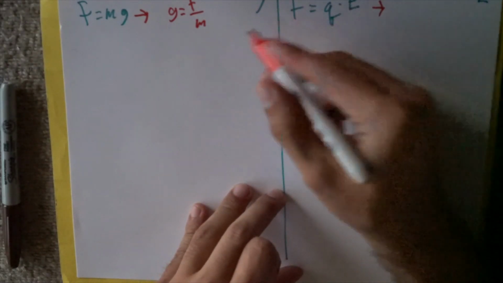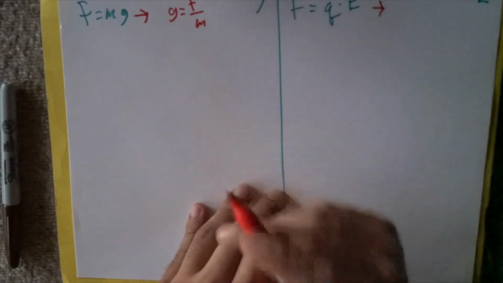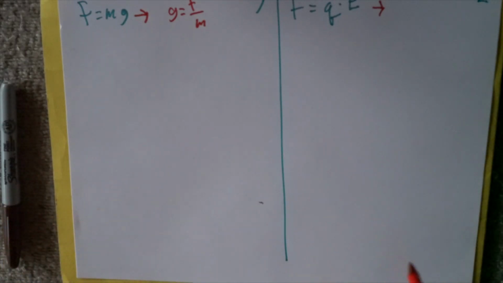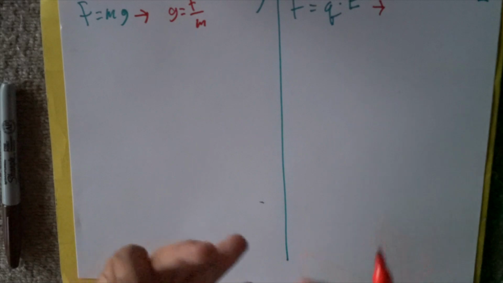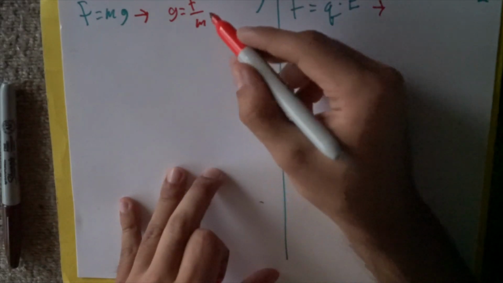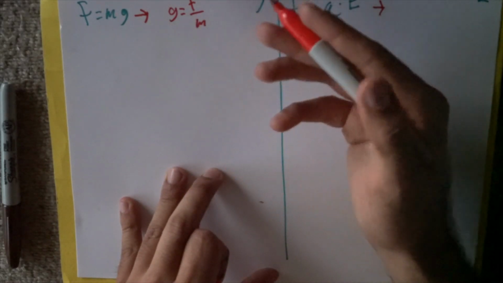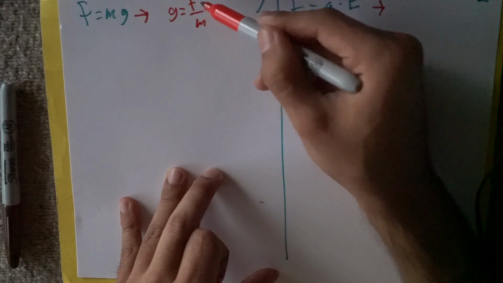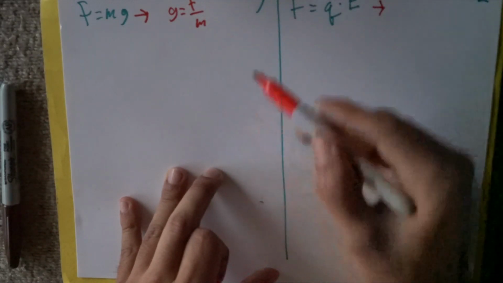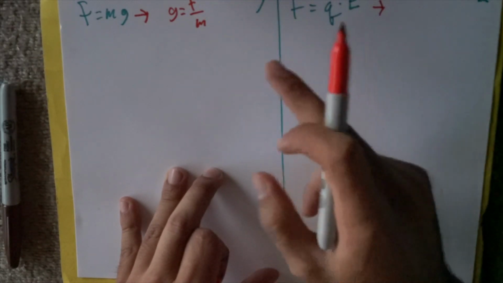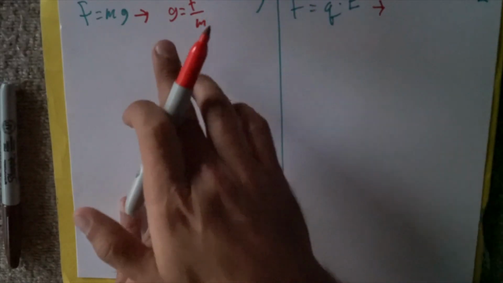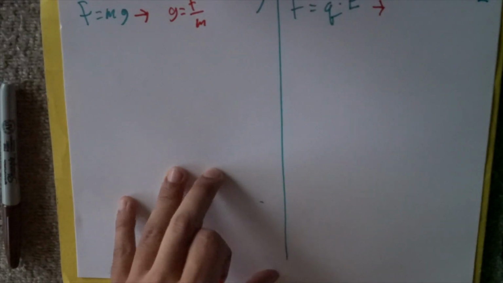Okay, so again, this gravitational field, that normally is the acceleration due to gravity, in general terms, it's a field. And it is the strength of how mass is connected to that force in the gravitational sense. So again, this is the gravitational field.